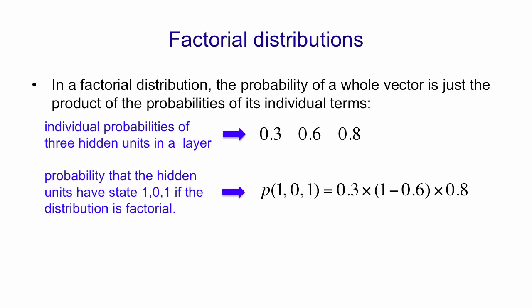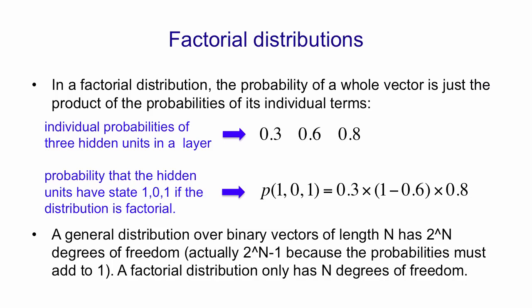So the probability of a configuration of the hidden layer is just the product of the individual probabilities. That's why it's called factorial. In general, a distribution over binary vectors of length n will have 2 to the n degrees of freedom. Actually, it's only 2 to the n minus 1, because the probabilities must add to 1. A factorial distribution, by contrast, only has n degrees of freedom. It's a much simpler beast.